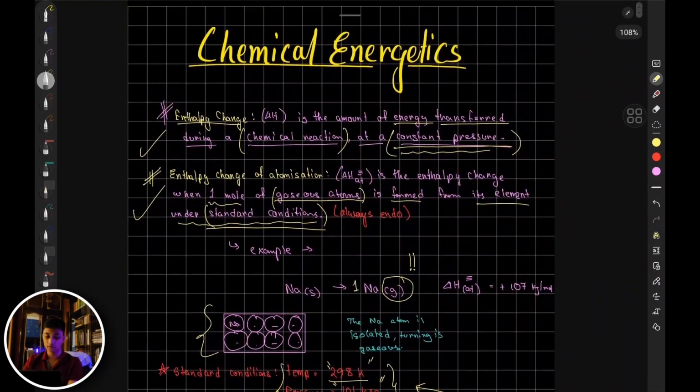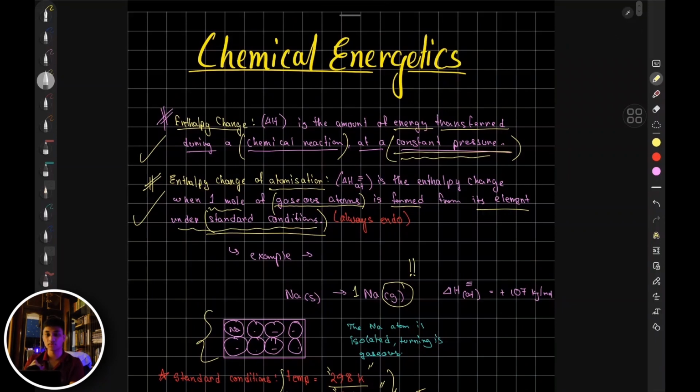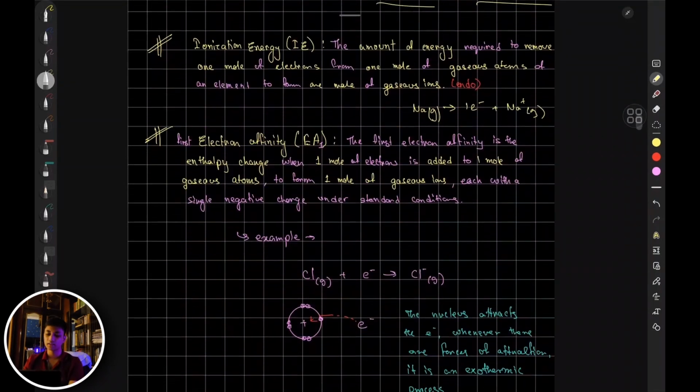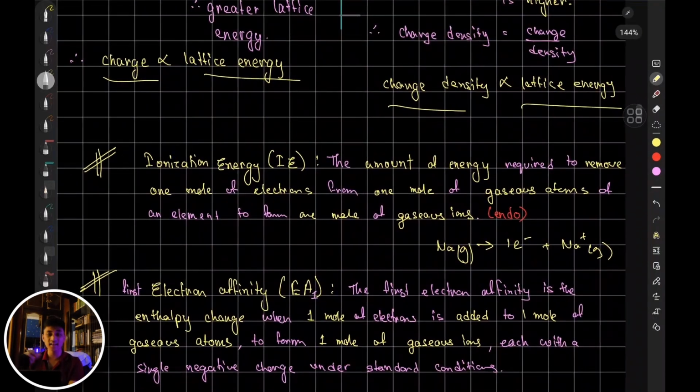If you remember, from atomization. For the enthalpy change for ionization energy, you need the element to go through the enthalpy change of atomization.